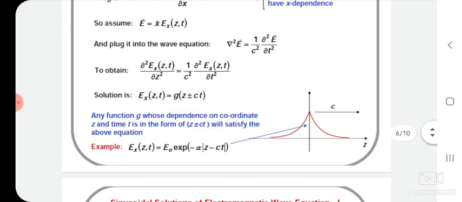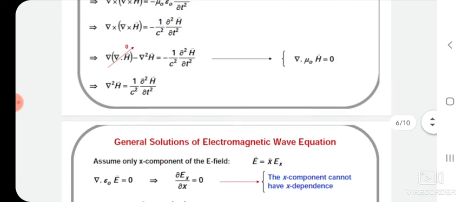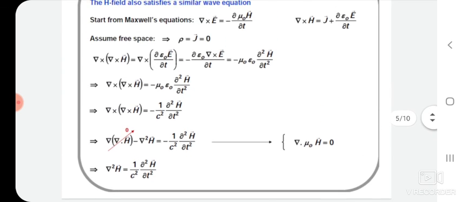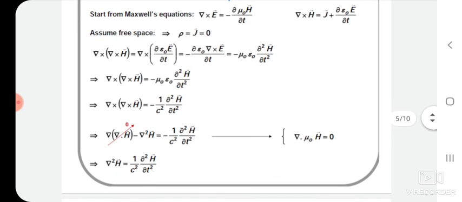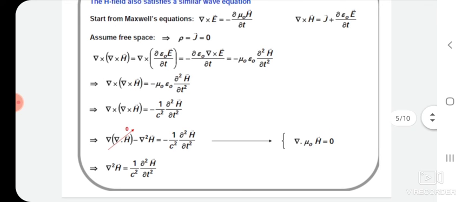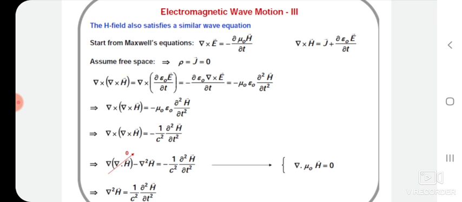If you have any doubt in this, you can ask me. The most important part of this derivation is to derive del square E is equal to 1 by c square dou square E by dou t square, and del square H is equal to 1 by c square dou square H by dou t square. That part is most important. We have to derive that by using Maxwell's third and fourth equations.